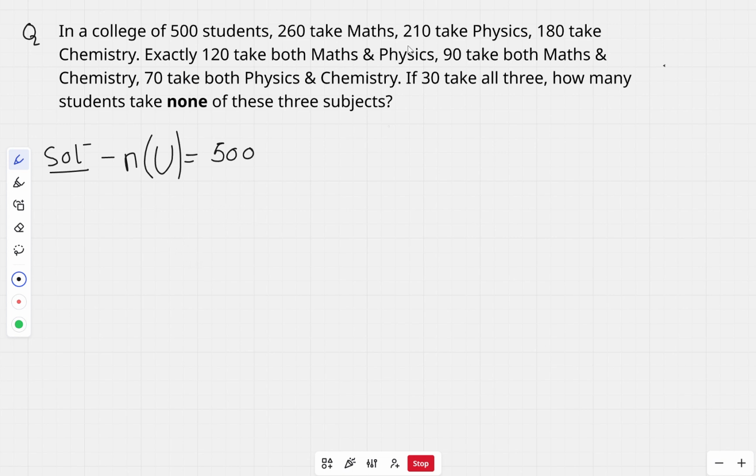Now I'll just write the number of students in all the subjects. For maths, the number of students is 260. Then the number of students for physics is 210, and the number of students in chemistry is 180.